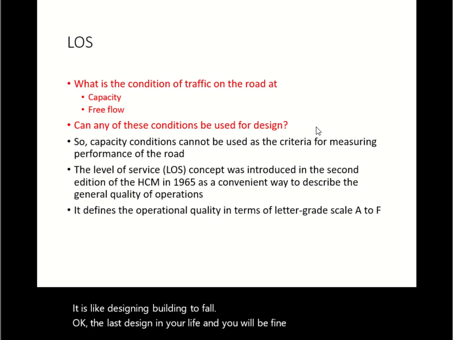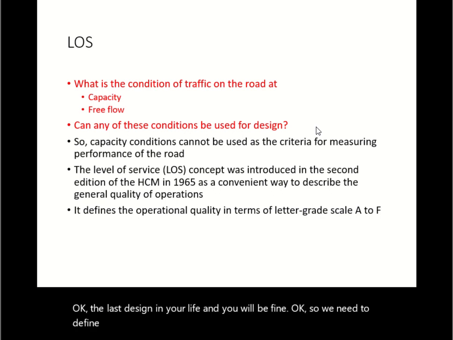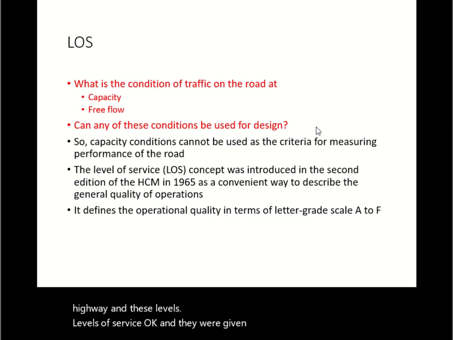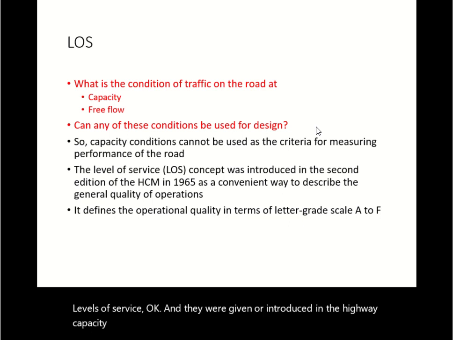So we need to define some levels between these extreme conditions for which we can design the highway, and these levels are levels of service. They were introduced in the Highway Capacity Manual of 1965.